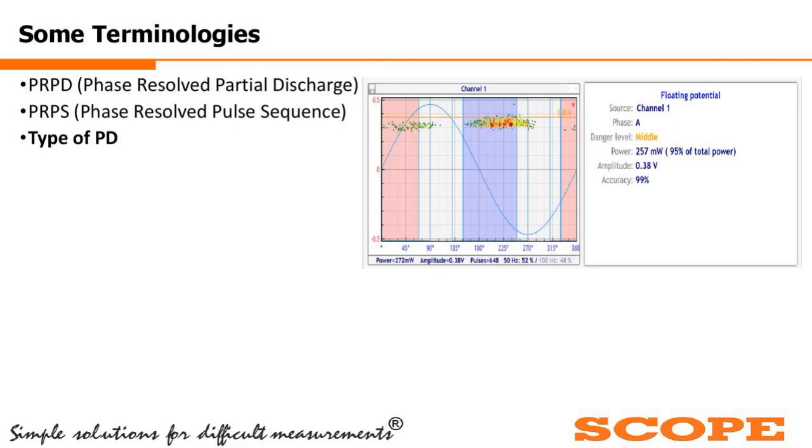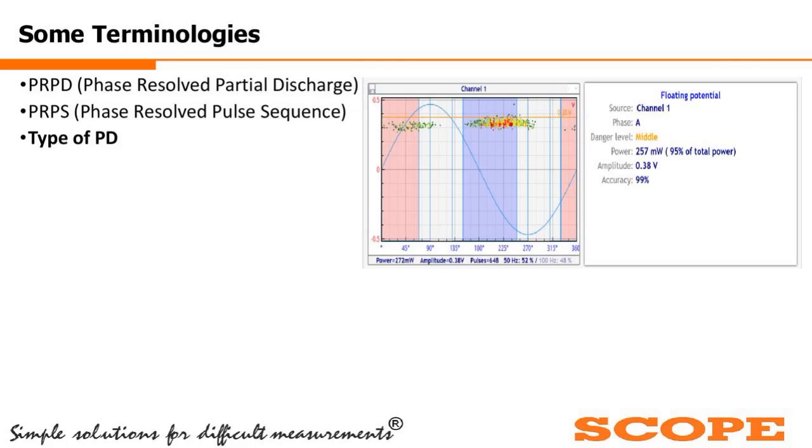My basic job as an electrical engineer or maintenance engineer is to maintain, not to be a very expert in PD to understand which type of PD it is. So if the software has the intelligence to compare the obtained result with the reference signals published by the established bodies, then it is easier for me.